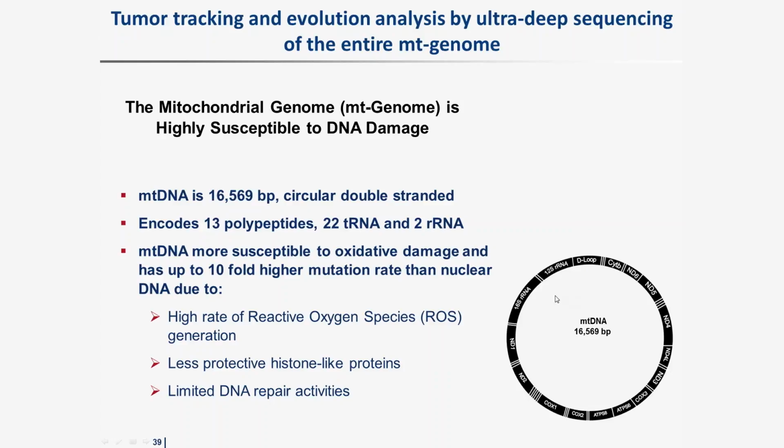The mitochondrial genome is highly susceptible to oxidative stress, and is then damaged and has an up to 10-fold higher mutation rate than the nuclear DNA. And that is due to the high rate of reactive oxygen species in the mitochondria, the less protective histone-like protein levels, and the limited DNA repair.